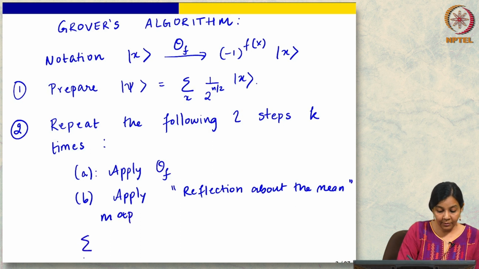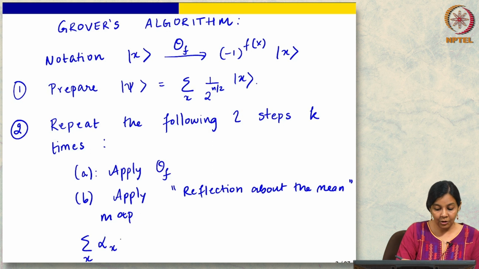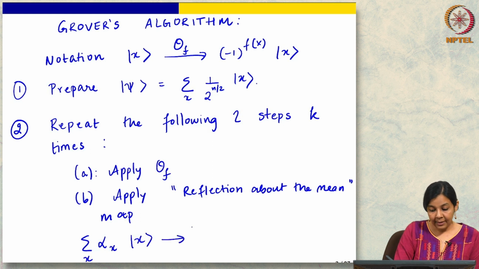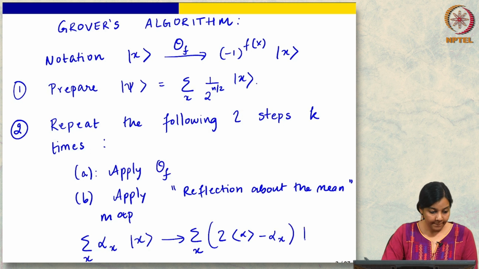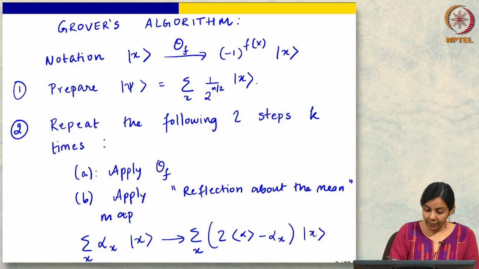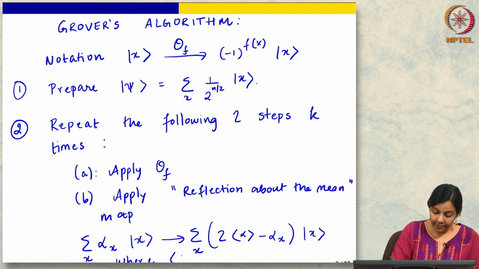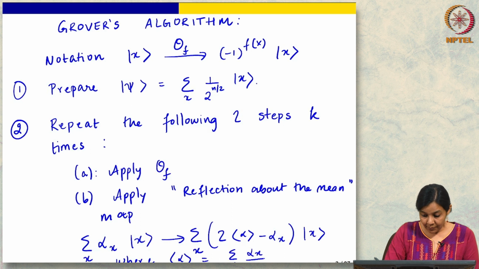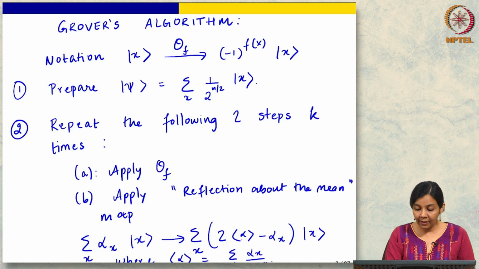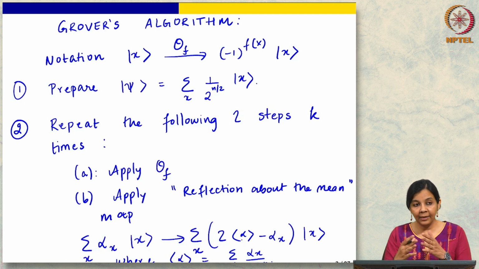So, in particular, what this map does is that if I have some summation over x of alpha x times x, it converts this to the summation over x of (2 alpha minus alpha x) times x, where I define this alpha within these brackets as the mean of all amplitudes.